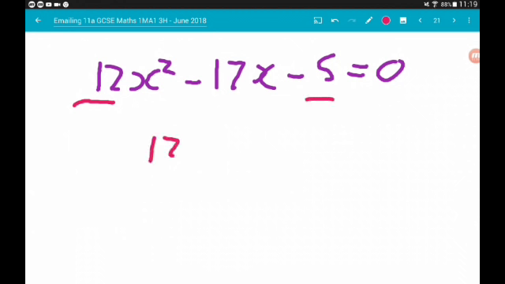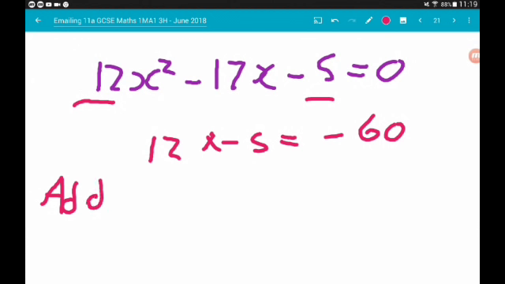So 12 times minus 5 is minus 60. Now, what we now need are two numbers that add together to minus 17 and multiply together to minus 60.